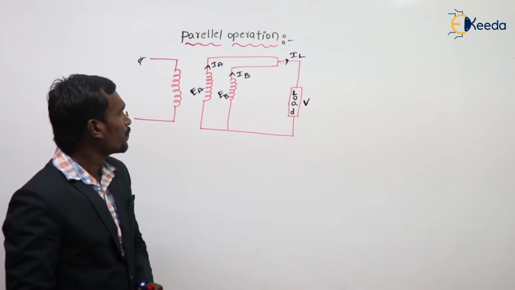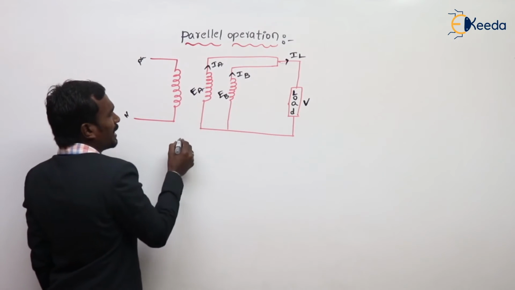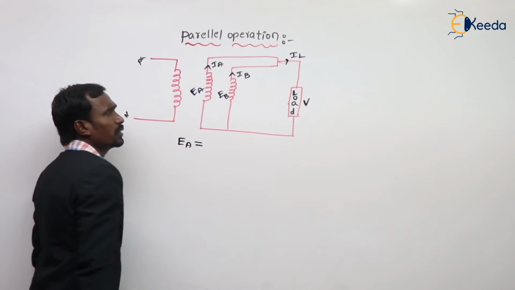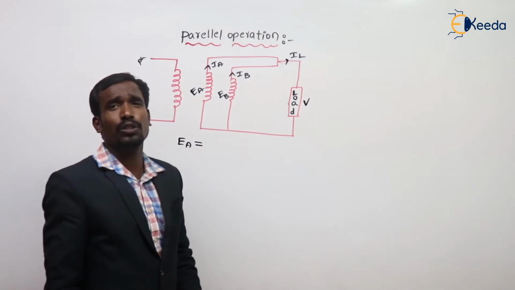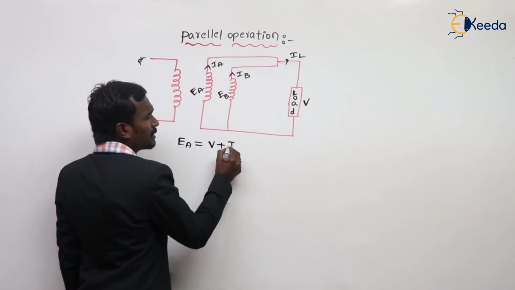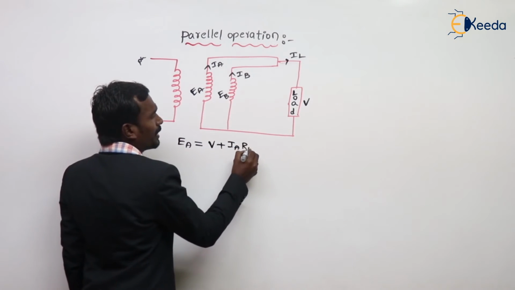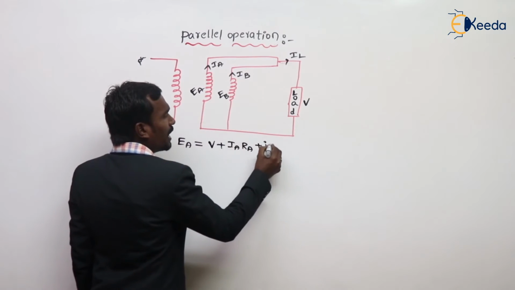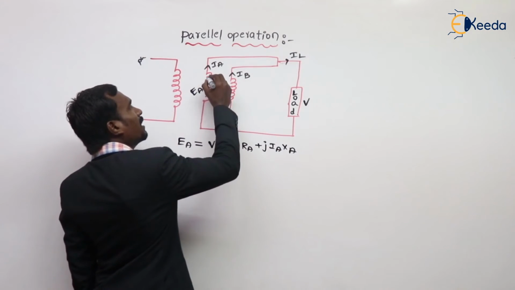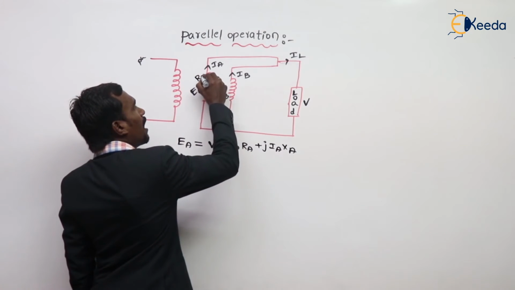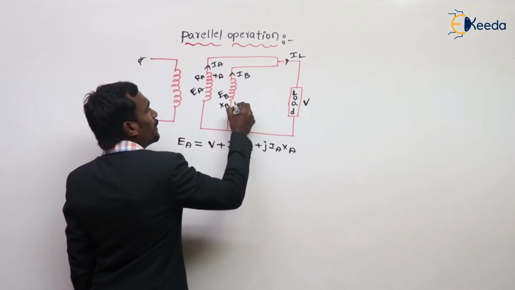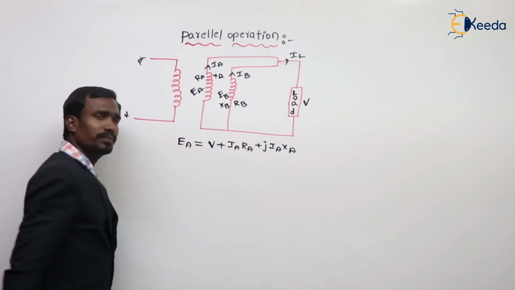Now tell me, what is EA? EA is equal to V plus IA RA plus j IA XA, because this winding has RA and XA, and this winding has RB and XB.